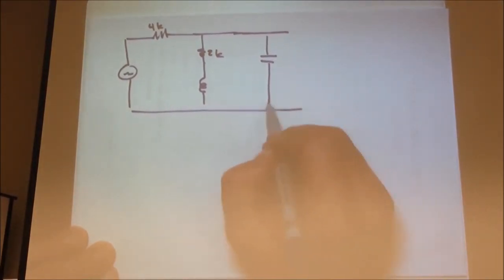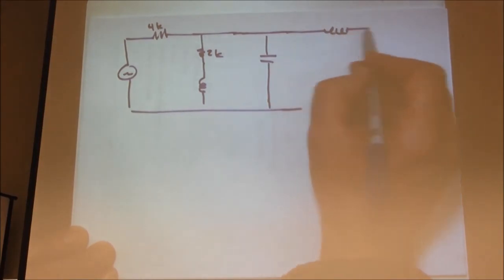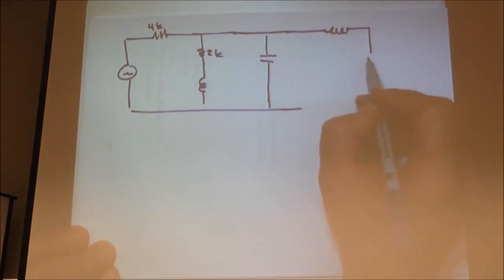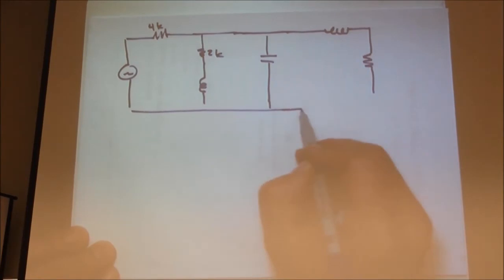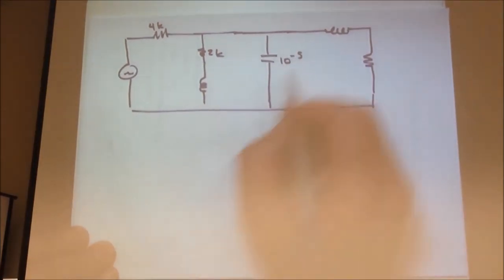So this goes back to something we've done on both homework 4 and homework 5. We have to find our initial conditions.